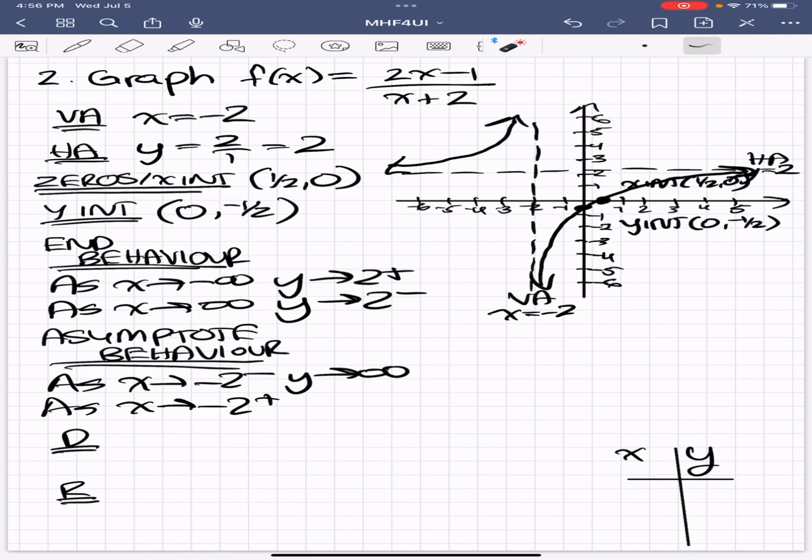As the graph approaches the VA from after the values of the VA, y approaches negative infinity. And now we're on to the domain and range.